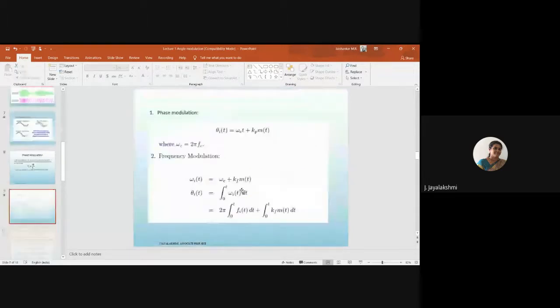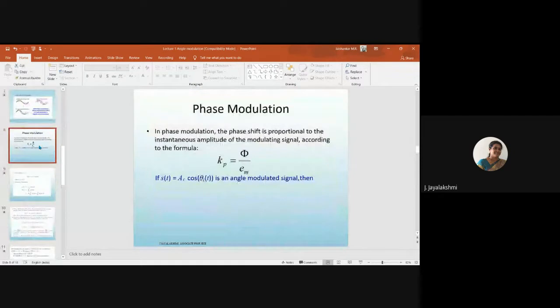You can see how the signal is behaving. Coming to the modulation index of the angle modulated signal, in case of AM, it is Vm by Vc, the amplitude of the modulating signal divided by the amplitude of the carrier signal. Here, the phase shift is proportional to the instantaneous amplitude of the modulating signal, and according to that you have the coefficient denoted as Kp, which is equal to phi by Em.